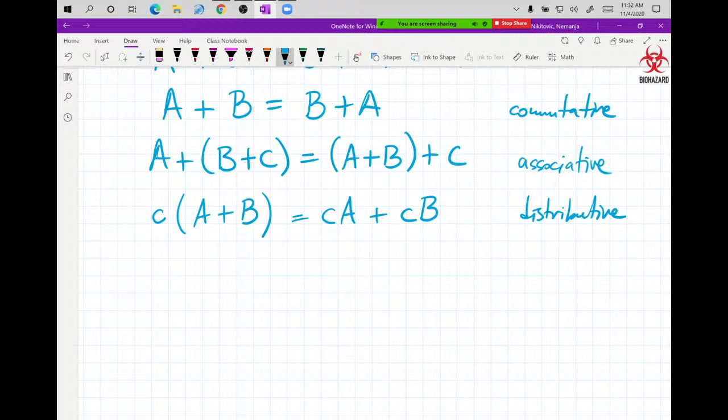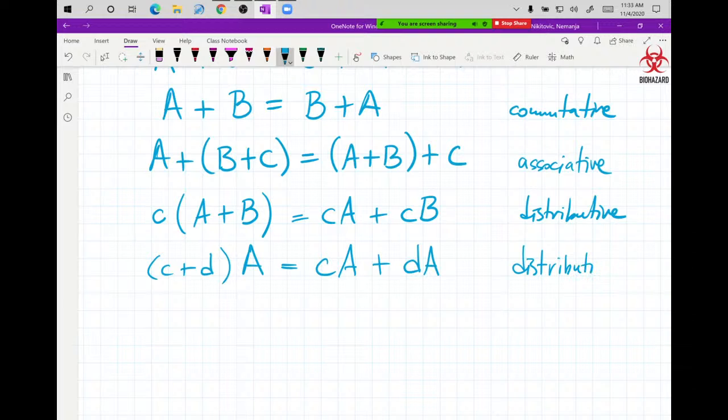You can call it distributive property 1. And the second distributive property is if you have two numbers. Say c plus d times the matrix A, then it's cA plus dA. It's also a distributive property.